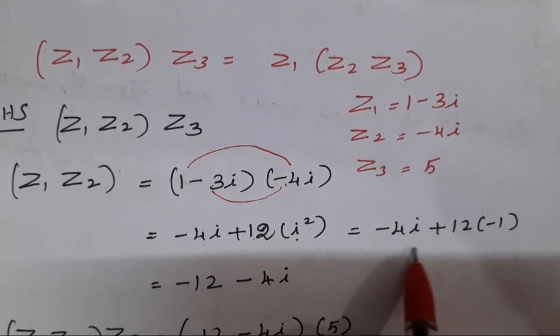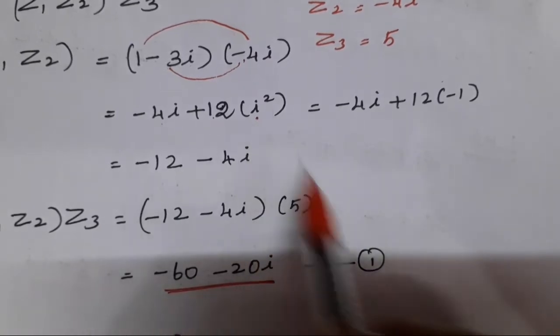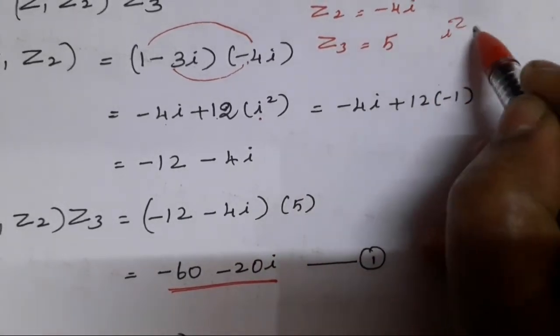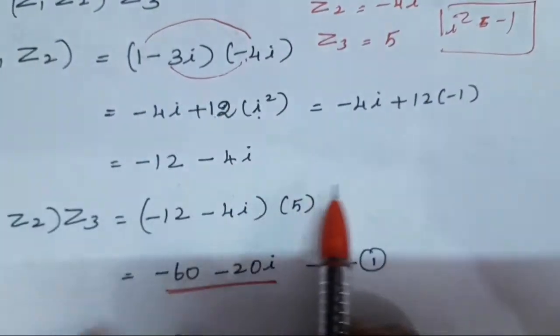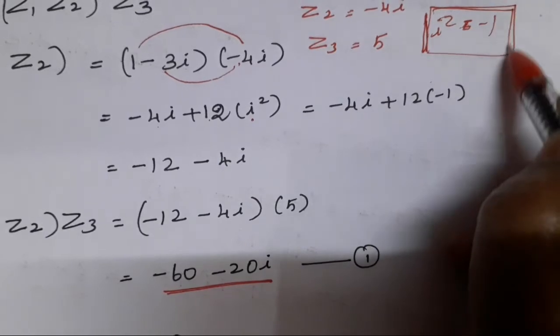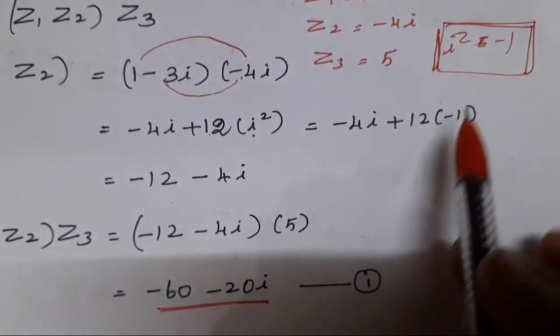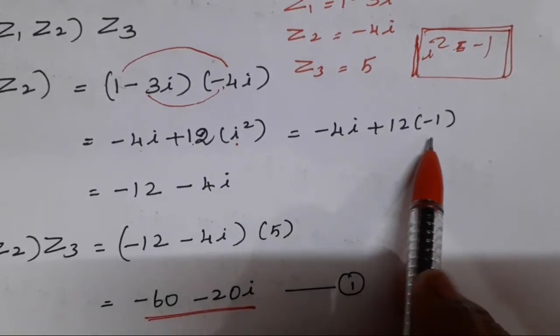So minus 4i plus 12 into i square. Always remember i square is minus 1. For a complex number, i square is minus 1. So minus 4i plus 12 into minus 1.